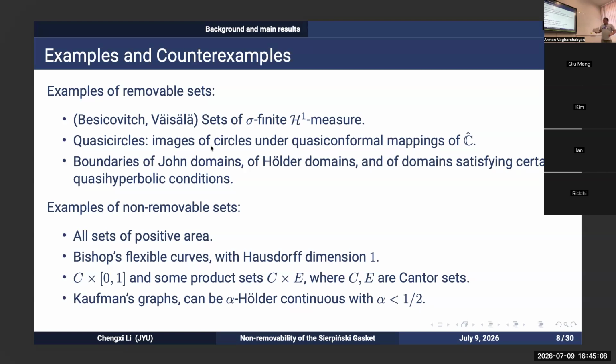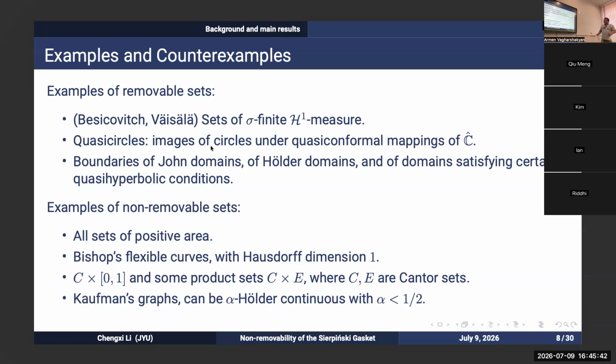And on the converse side, the closed interval 0, 1 is non-removable. I think Yang and Mei will give a standard example of non-removable sets, and my advisor Kai Ayala used Wu's theorem to give the counterexample of one direction of Koebe's conjecture. So I think this is a very basic idea rooted from here. And then Kaufman's graphs can be alpha-order continuous with alpha smaller than 1/2.